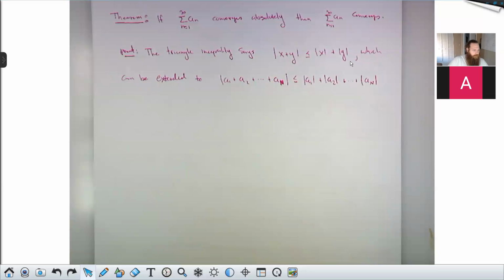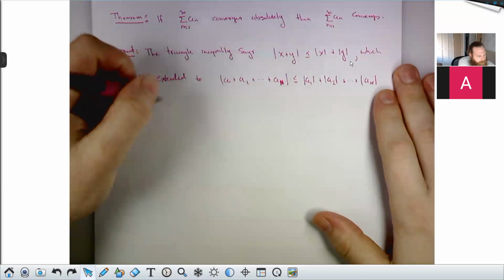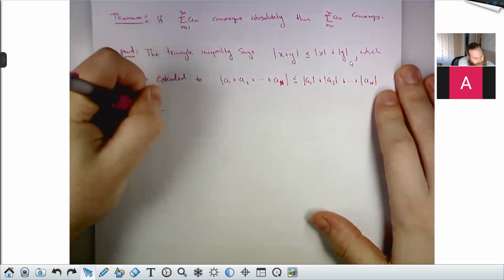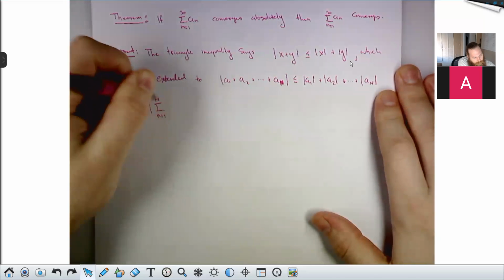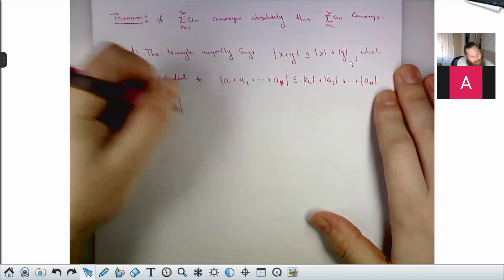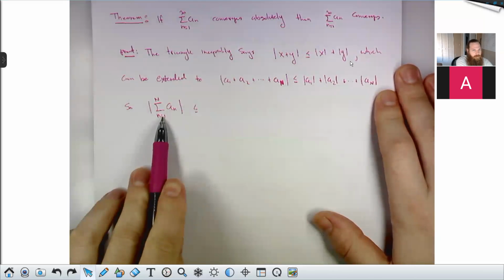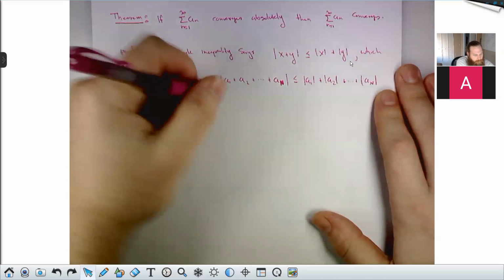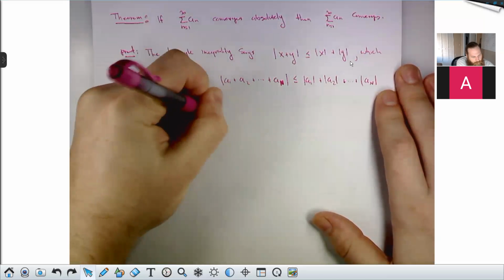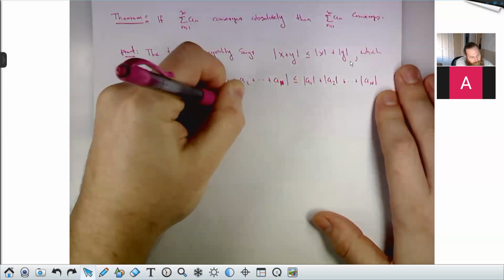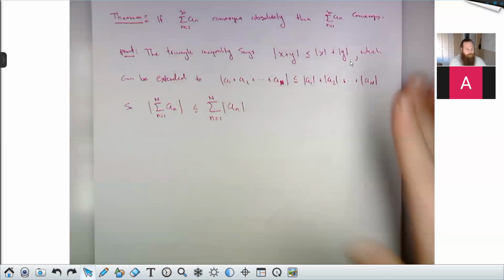And of course, on the left-hand side here, you have the partial sum with absolute values outside. And what you have on the right-hand side is the partial sum with absolute value inside.